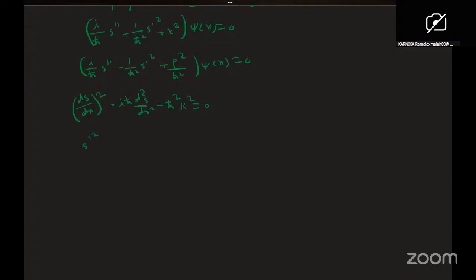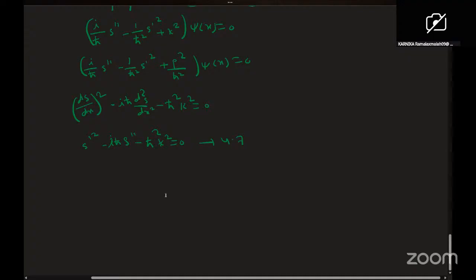So s dash square minus i h cut s double dash minus h cut square k square is equal to 0. This is equation 4.7.